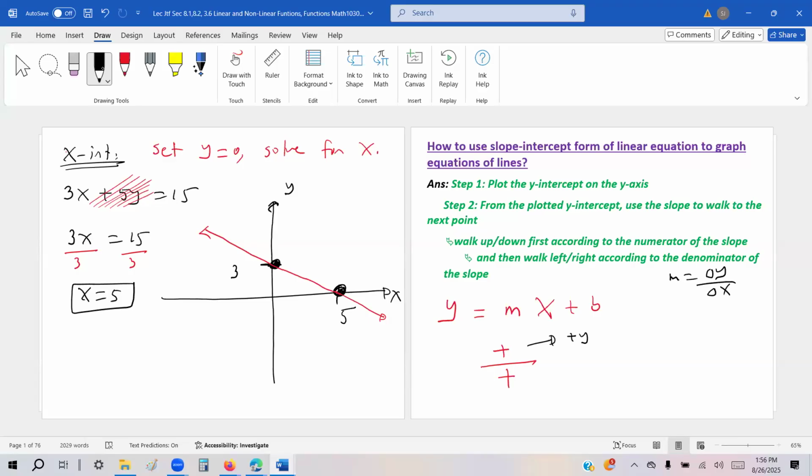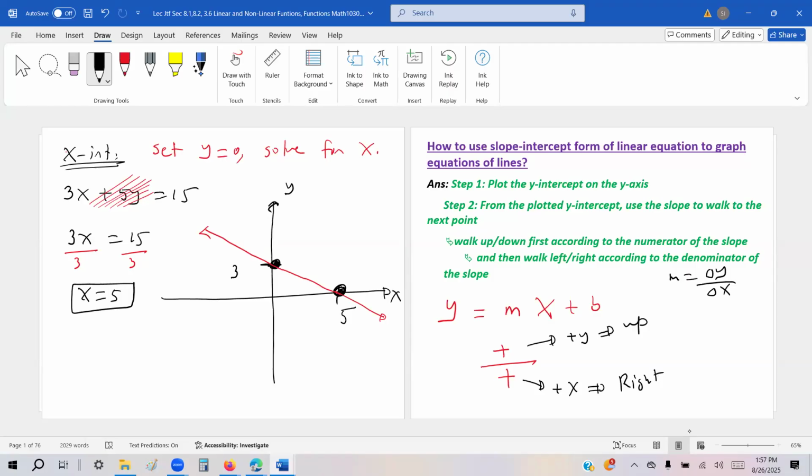So where do you have positive y? On the upside or on the bottom side? On the upside. So if you have positive y, you have to go upward from the y-intercept. And positive on the denominator means you have positive x. So where do you have positive x? On the left or on the right? On the right. That means you have to go to the right. So first you go up, and then from that up point, you go to the right.